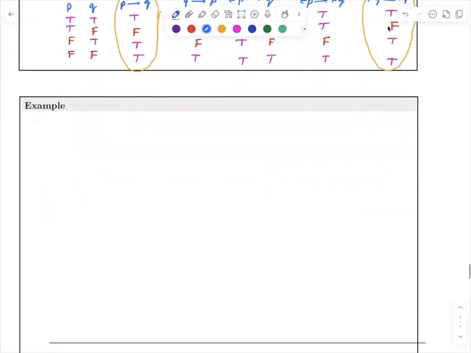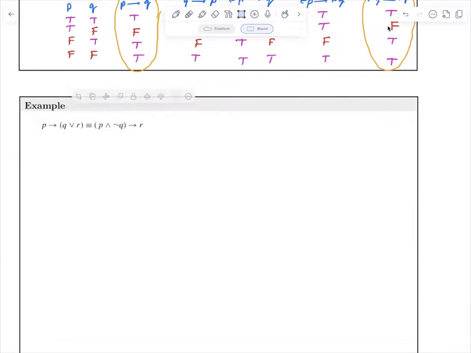Let's take a look at another example here for you. We want to show that P then Q or R is logically equivalent to P and not Q then R. So you can use a truth table, but I encourage you to use the laws to show that these two are equivalent to each other. So remember that A then B is equivalent to not A or B, right?